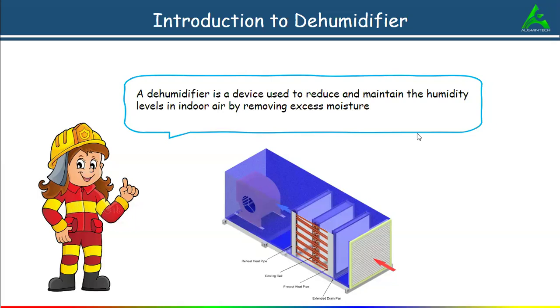For example, in the rainy season the water content in air is a bit more compared to summer. If that air is passed through a cooling coil, condensation starts immediately, and if you decrease the air temperature, relative humidity will definitely increase.